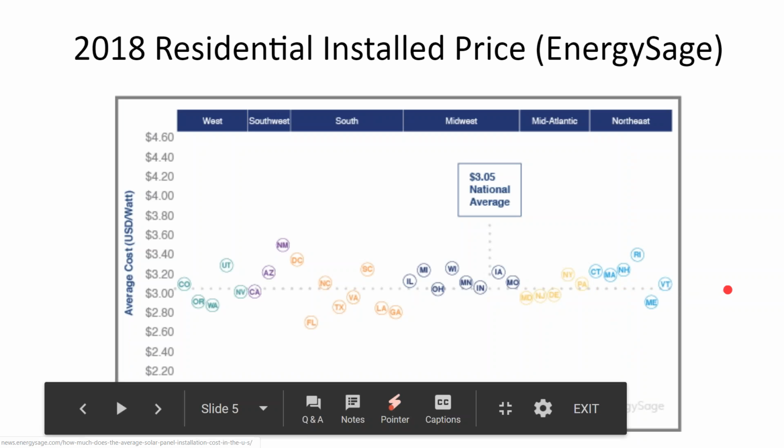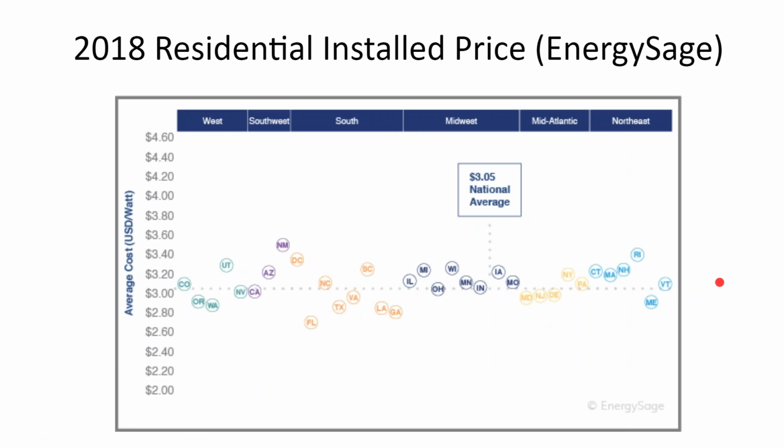But if we go and look at the national average pricing for residential installed solar in 2018, there's a very different picture. Now, I'm in Mississippi, and as I said, we don't have very good solar policy. So we also don't have much of a solar industry, and there aren't very many solar installers in this state.